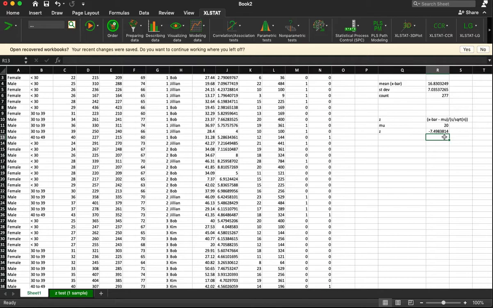And so we get a z-value of negative 7.49. It's negative 7.5. That value is larger than our critical value, which is 1.94. So it is highly unlikely that the true weight loss was 20.